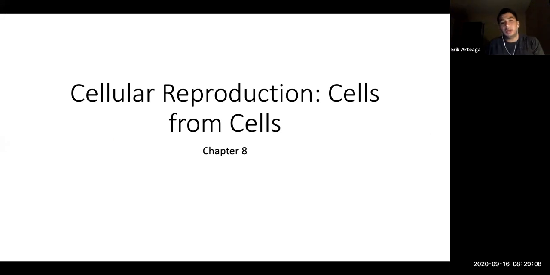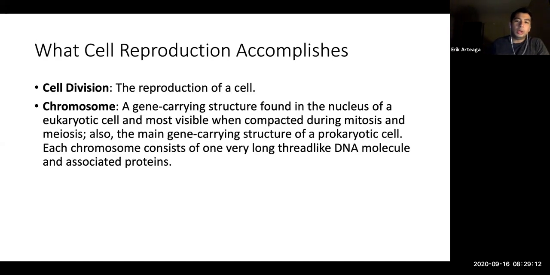All right, so cellular reproduction, cells from cells. This is chapter 8. So what is cell reproduction and what does reproduction accomplish? Cell division is the reproduction of a cell, so this is just making copies of other cells. This is important for normal growth and maintaining different structures in organisms.